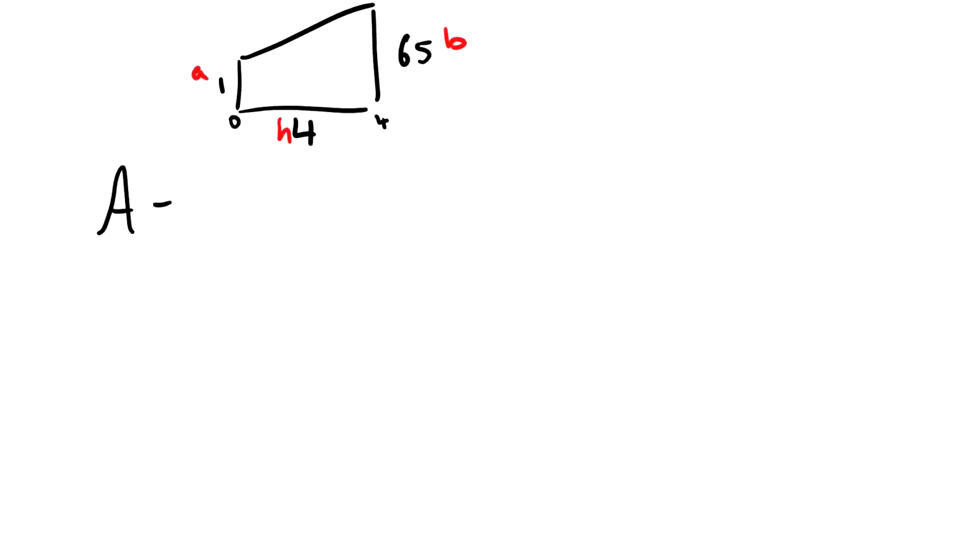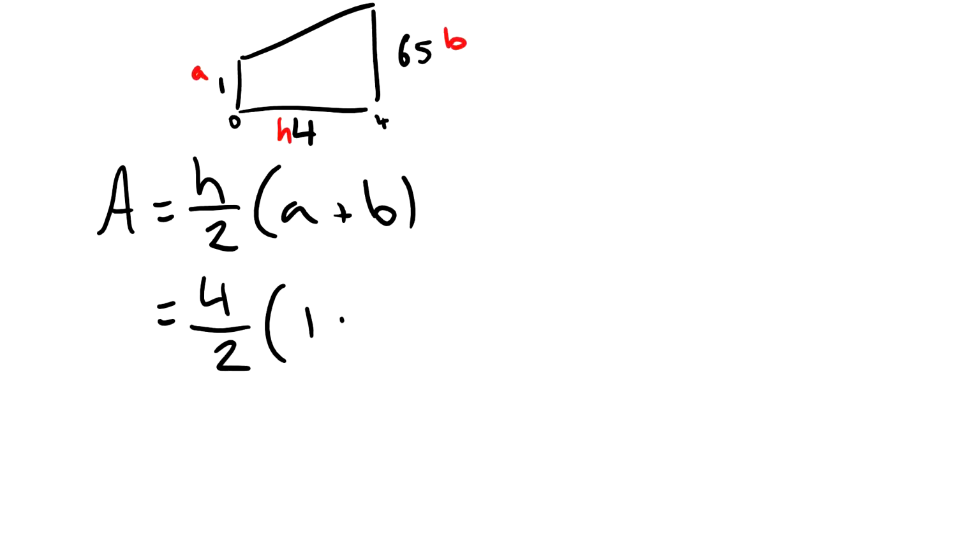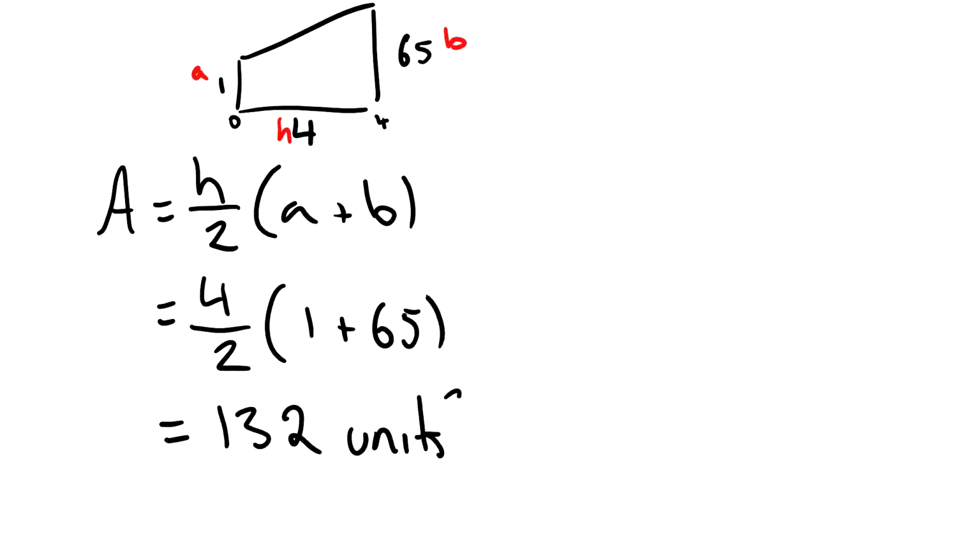So the area of a trapezium is h over 2, a plus b. We just substitute in our values, so 4 over 2, 1 plus 65. Put that in a calculator and you get 132 units squared. So that's the approximation of this curve.